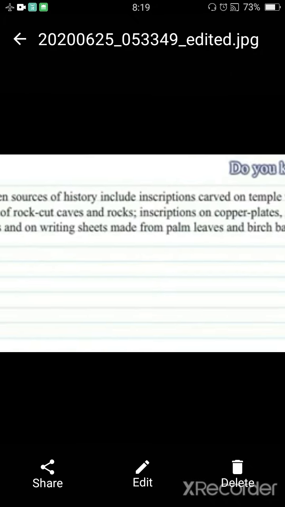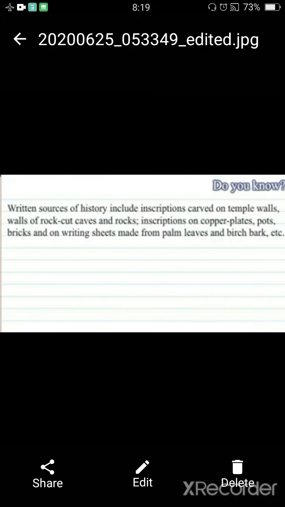Written sources of history include inscriptions carved on temple walls. If you have seen, or even if you haven't, in any temple you can see on the temple walls some inscriptions carved.